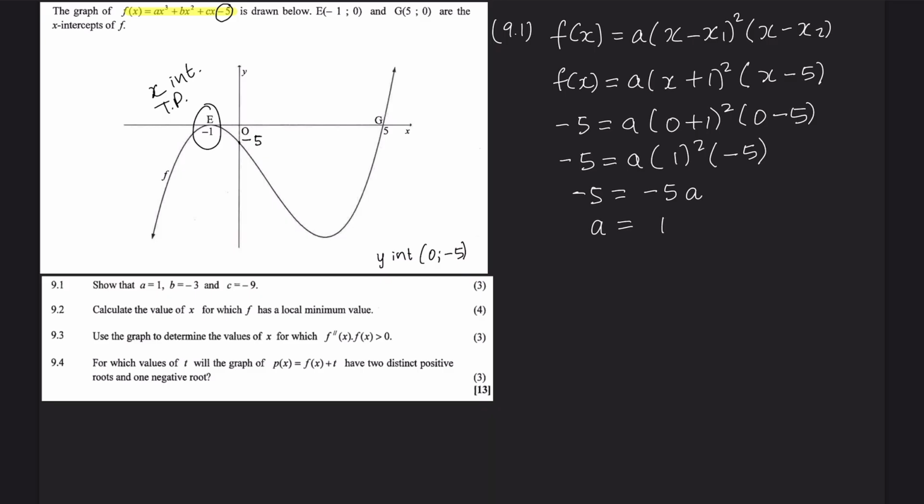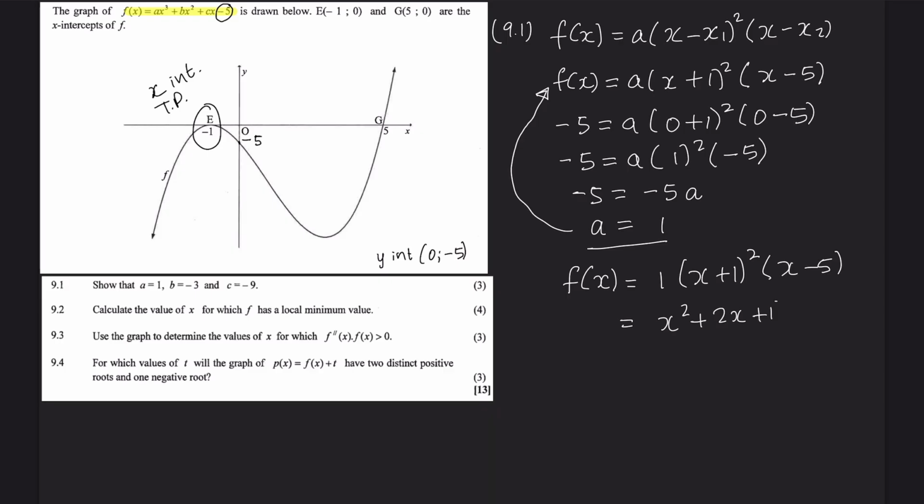Now if we wanted to work out b and c, we substitute that back. We'll take this and substitute it back into this format right here. So we'll say f of x equals 1 into x plus 1 all squared and then x minus 5. Now we expand. So x plus 1 all squared is x squared plus 2x plus 1, and then that's multiplied by x minus 5.